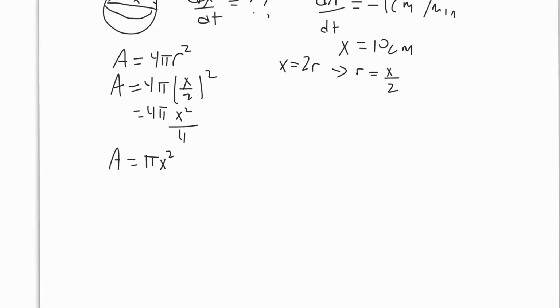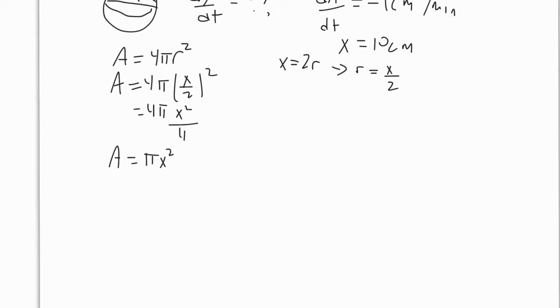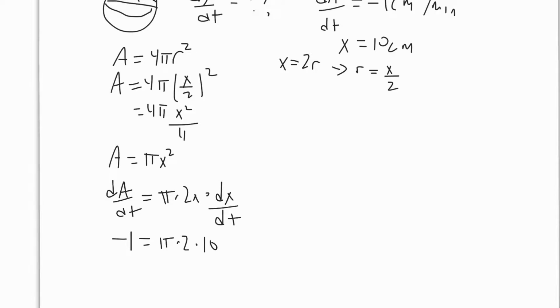Let's go ahead and take the derivative. dA dt is equal to pi times 2x dx dt. Substitute in what we know. So we've got -1 equals pi times 2 times 10 dx dt.